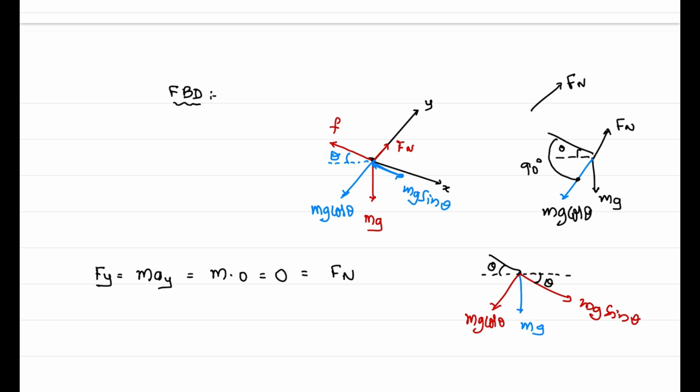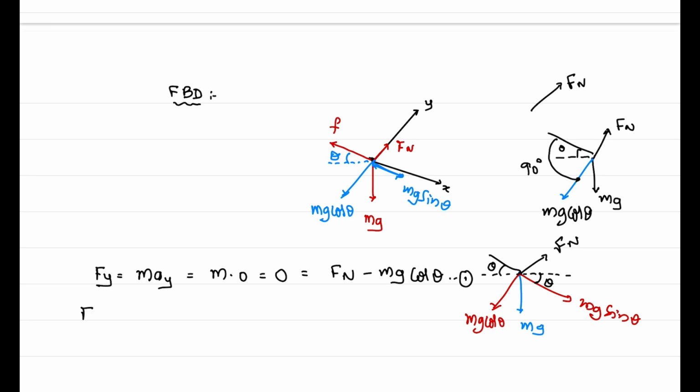Now, Fn is in the positive y direction and mg cos theta is in the negative y direction. This is equation 1.